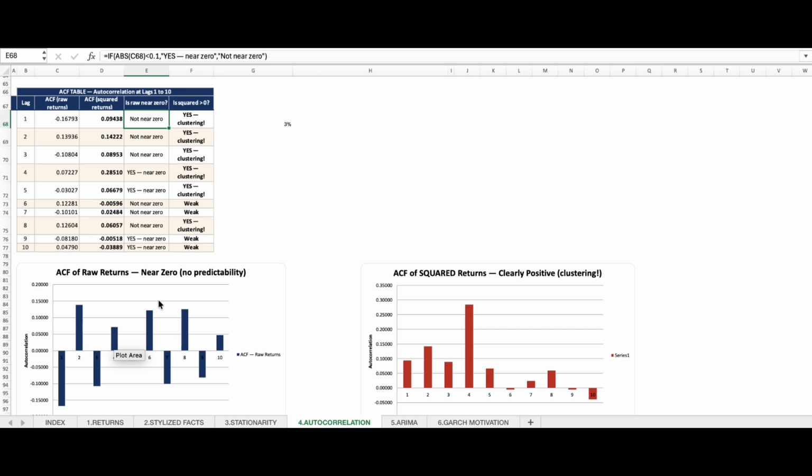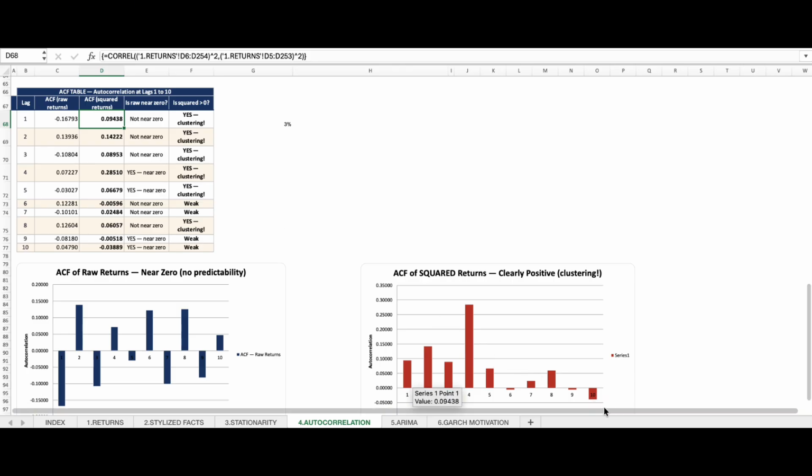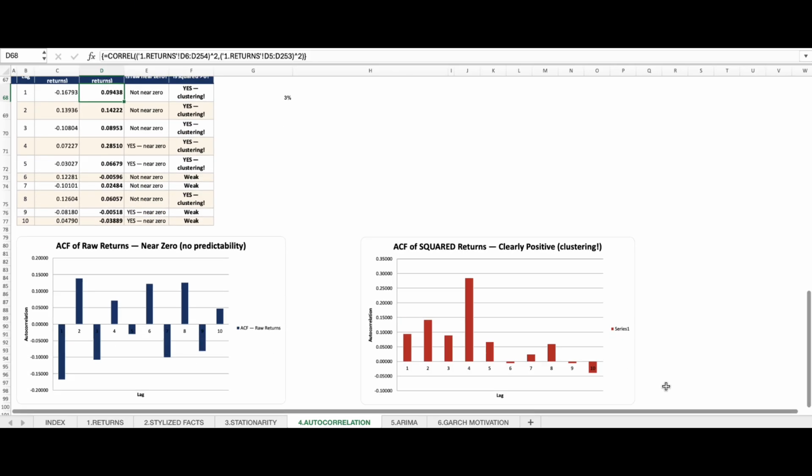Now, looking at the second table, same lags, but this time computed on the squared returns. The values are clearly positive and they decay slowly across lags. Lag 5 is still positive, so this is a completely different picture from the raw returns table. Remember what squared returns measure? They measure the magnitude of the moves and they ignore the direction.